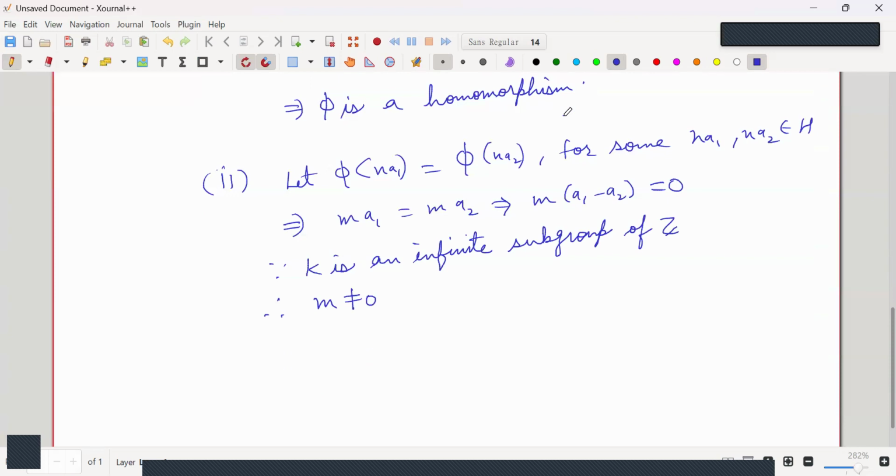If M is 0, then K is just the singleton 0. So this implies A1 minus A2 is 0, and hence A1 is A2, which implies phi is injective.